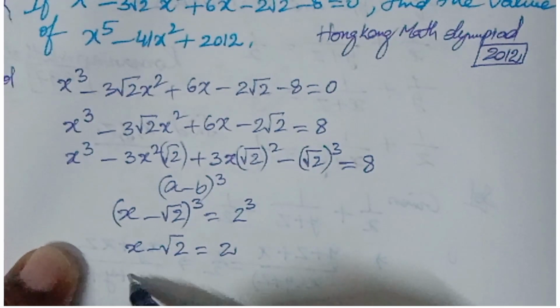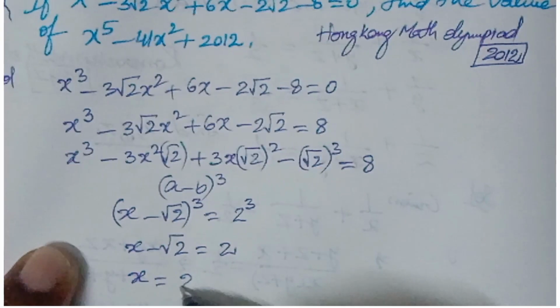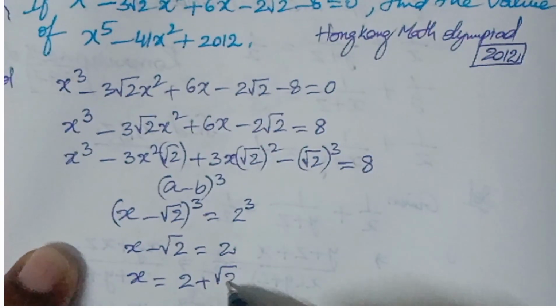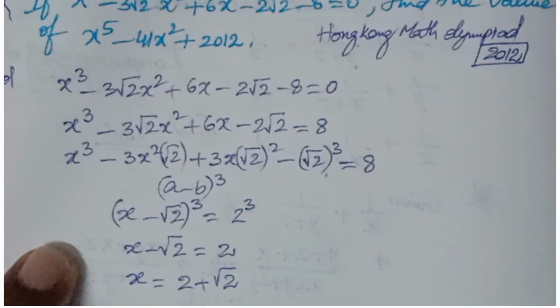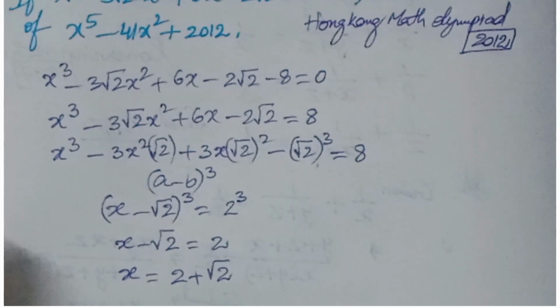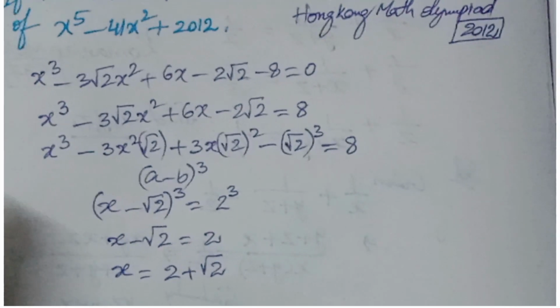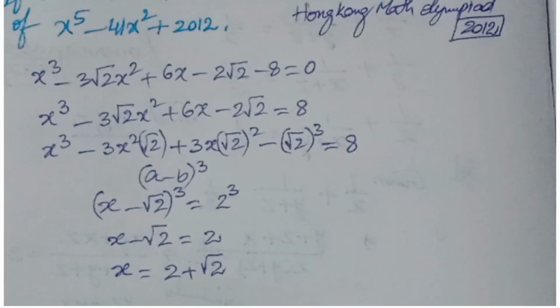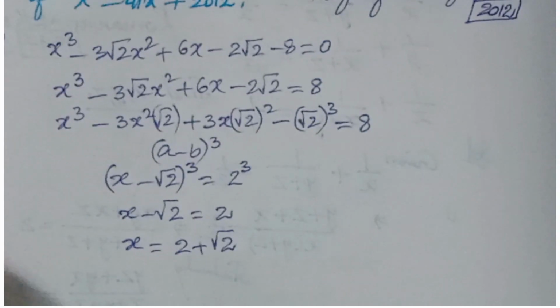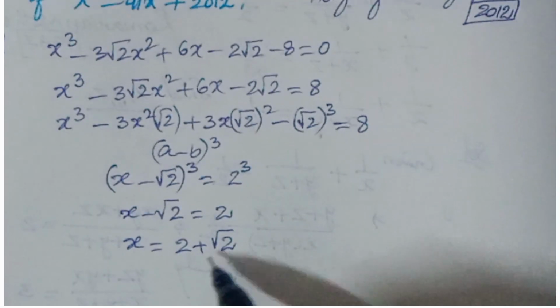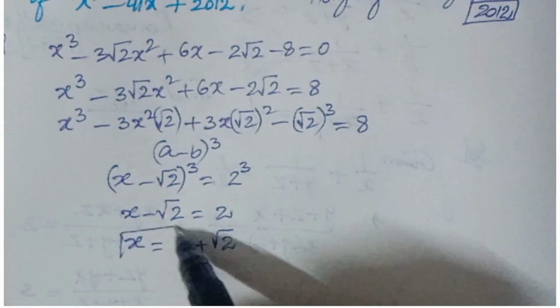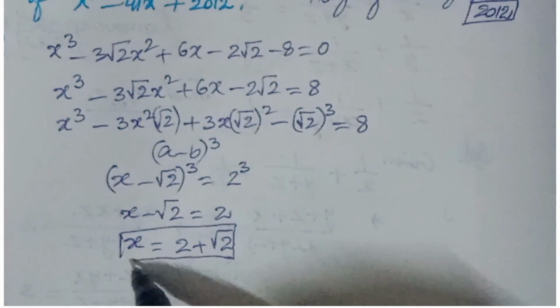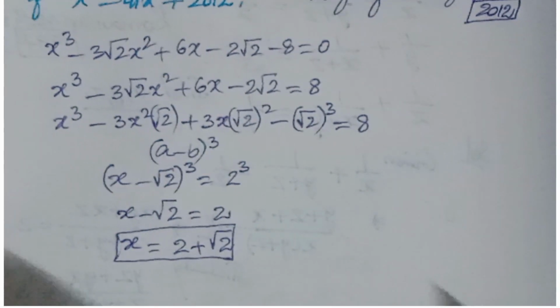So here you get the x value 2 plus root 2. The x value is 2 plus root 2.